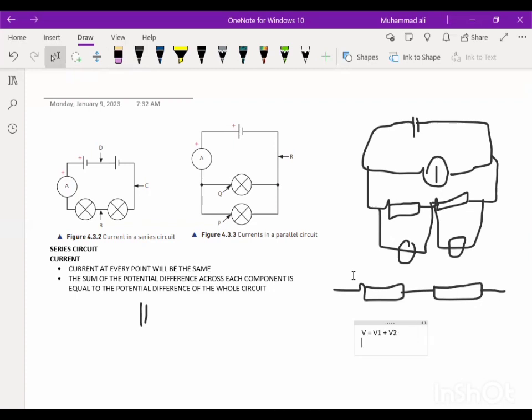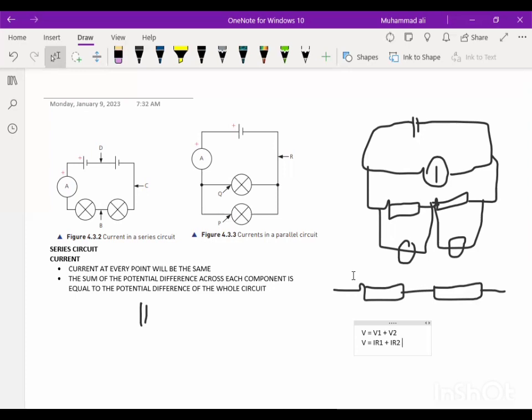And I know that all of them have different resistance. So V can also be equal to its respective formula. It can also be equal to, I am not going to write I1 because we know that current is the same, so I R1 plus I R2.